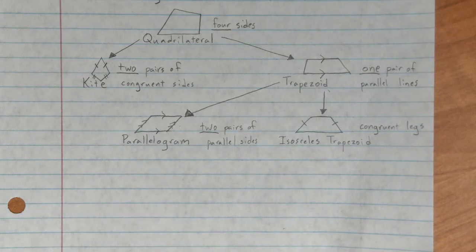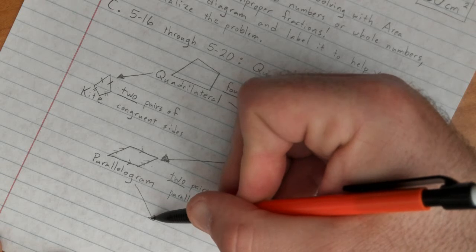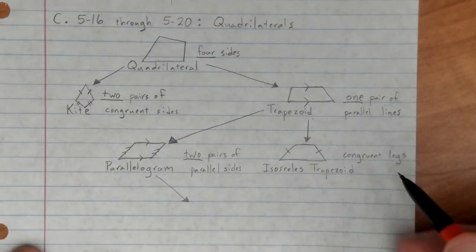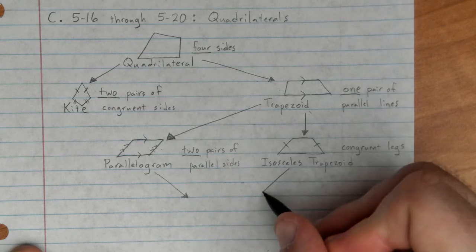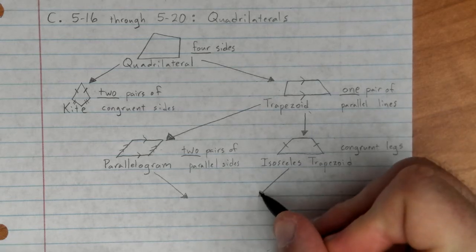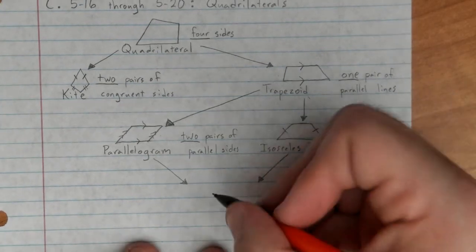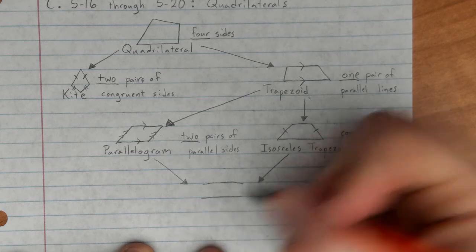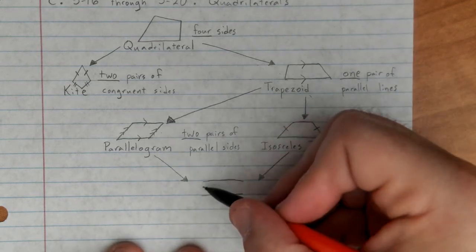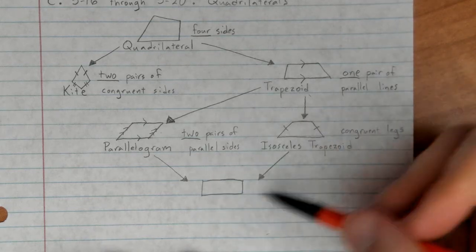Now, let's say we go from the parallelogram down this way, but we also go from the isosceles trapezoid down this way, and we create something else. Something that has one pair of parallel sides, a second pair of parallel sides that are now identical.